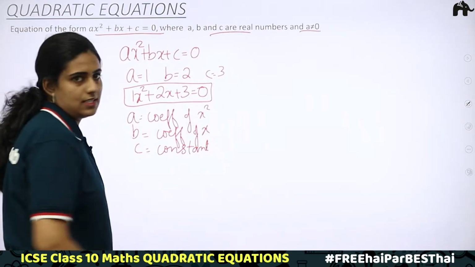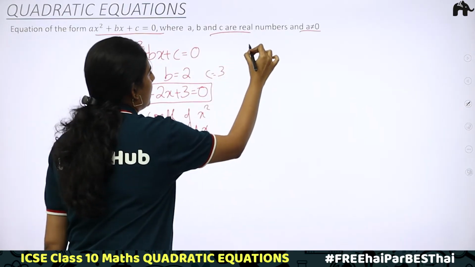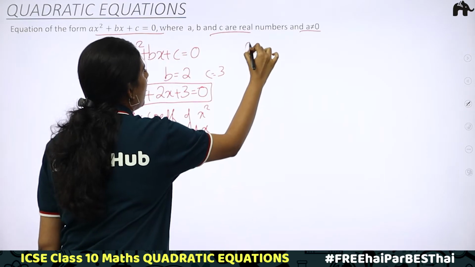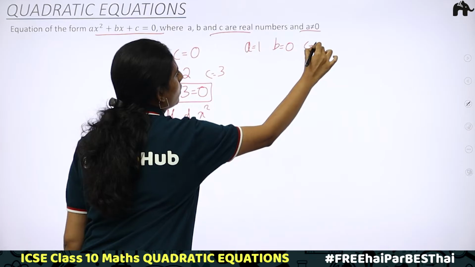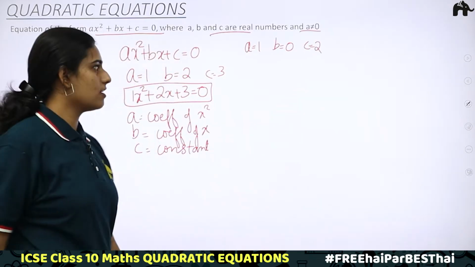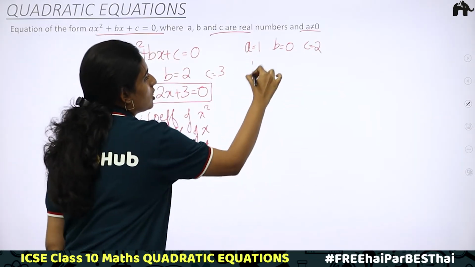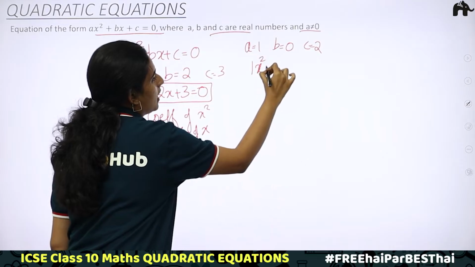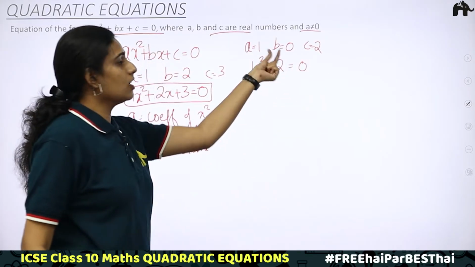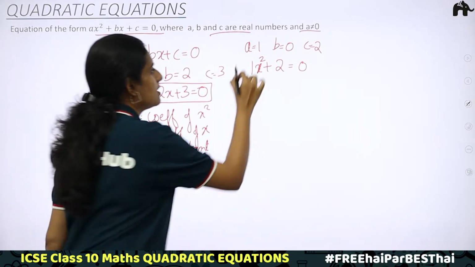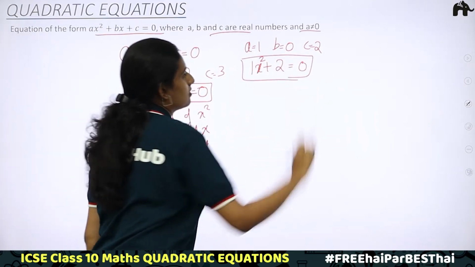Just remember this thing. If I take a is equal to 1, b is equal to 0 and c is equal to 2, what is the quadratic equation? Equation will be 1x square plus 2 is equal to 0 because 0 into x becomes 0. Is this a quadratic equation?